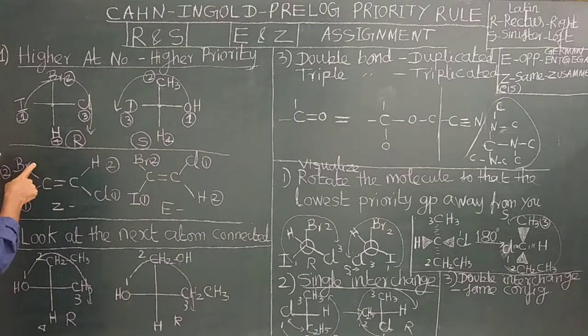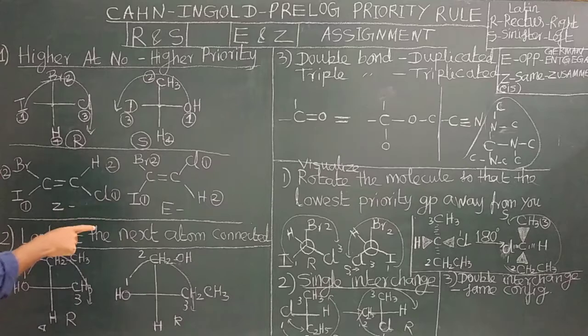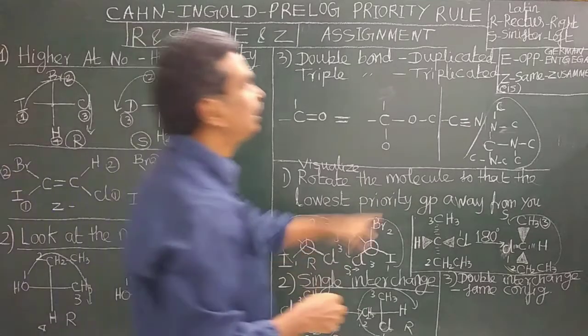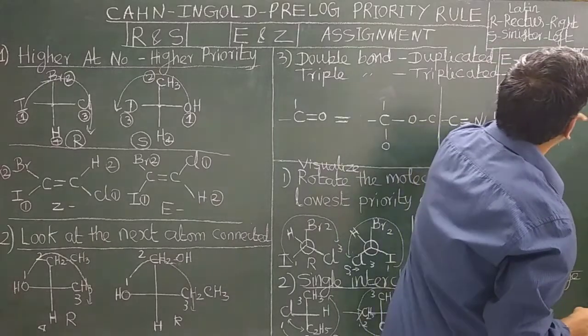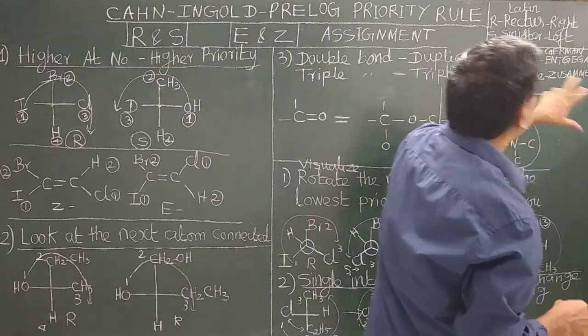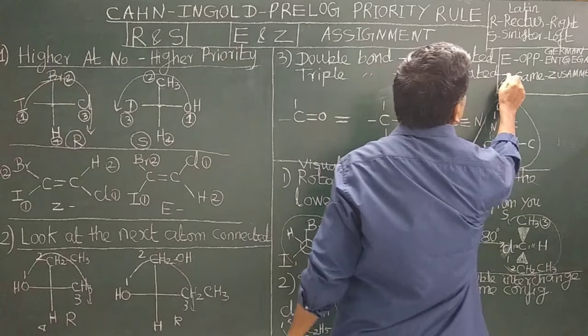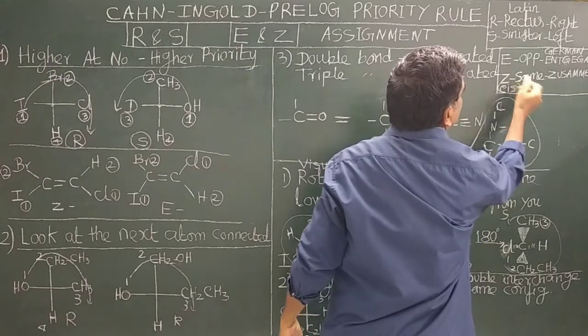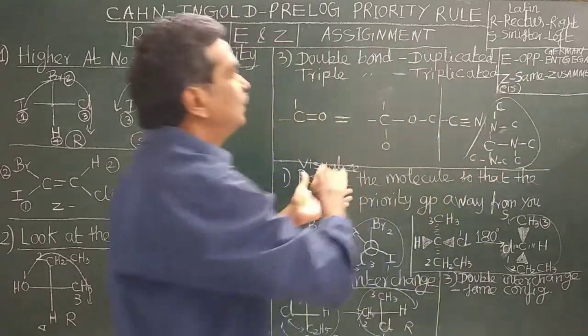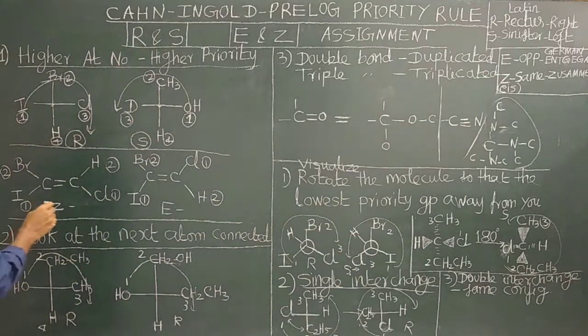You see the high priority groups are on the same side. Therefore Z: in German, Z means zusammen, which means same side. It is similar to cis, same side, therefore the Z isomer.